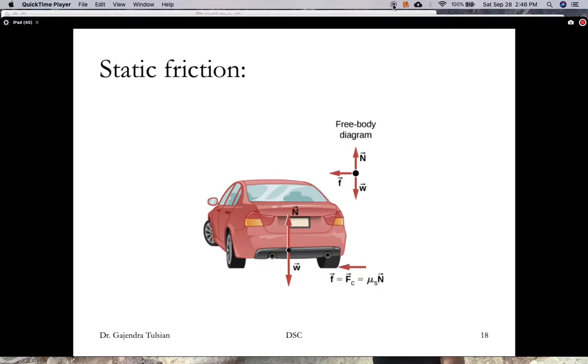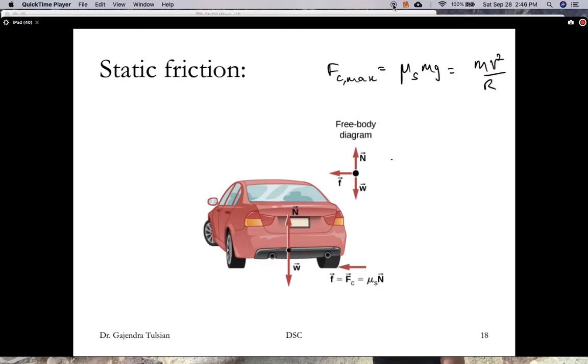So the maximum centripetal force you can have is mu s times mg, which is equal to mv squared by r. So for a given radius of the road, that means you can only have a maximum velocity, and if you drive faster than that, you'd slip.